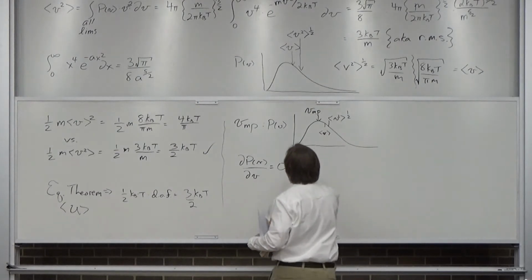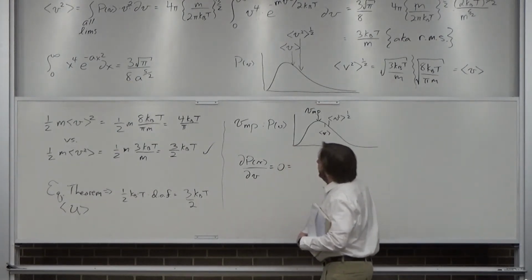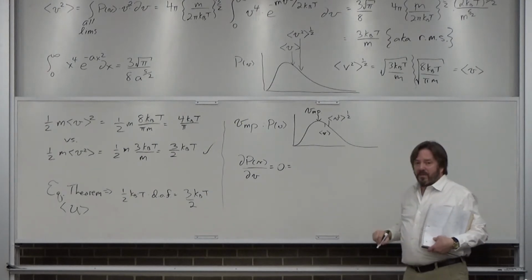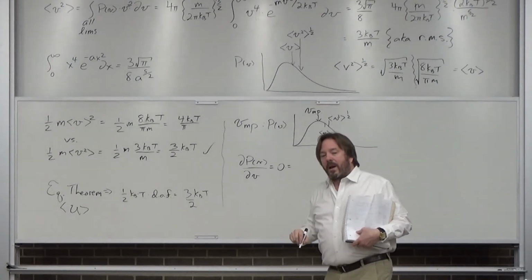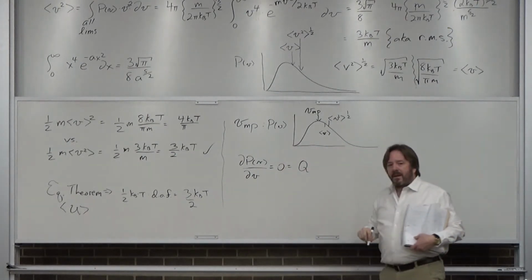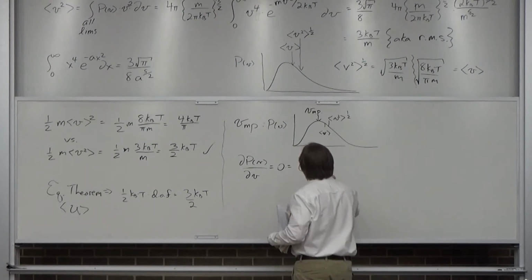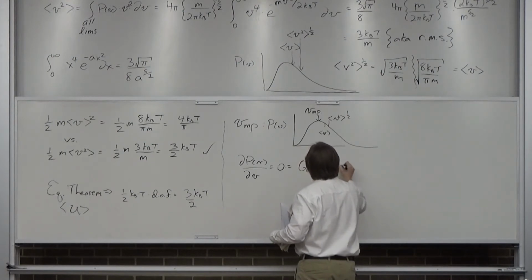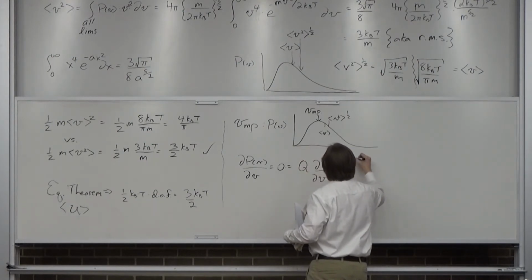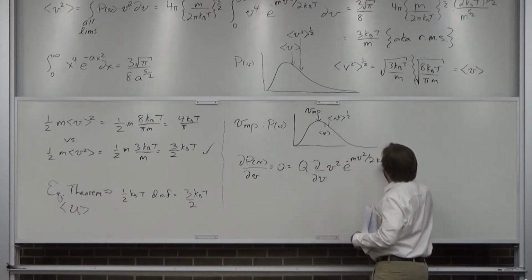All right, so let's calculate the derivative, still equal to 0, of the Maxwell-Boltzmann distribution. And I'm going to throw out all of those constants. Remember, I keep calling all that 4 pi m over 2 pi kBT, blah, blah, blah. I call those Q. They really don't matter, just don't forget them at the end.